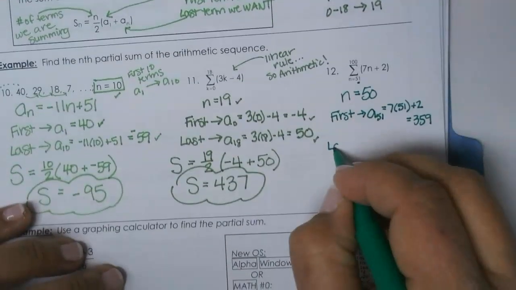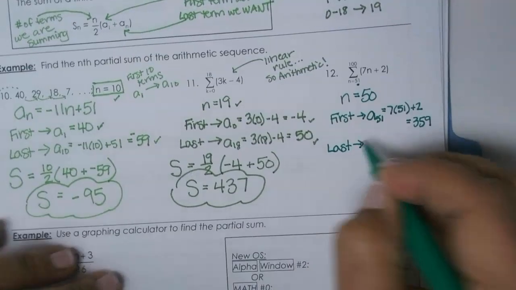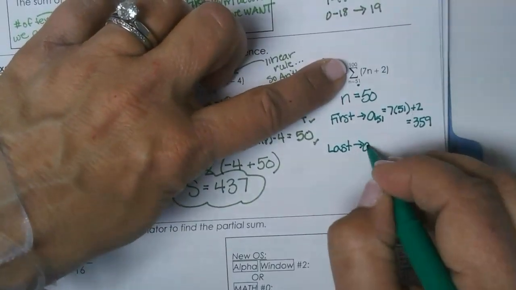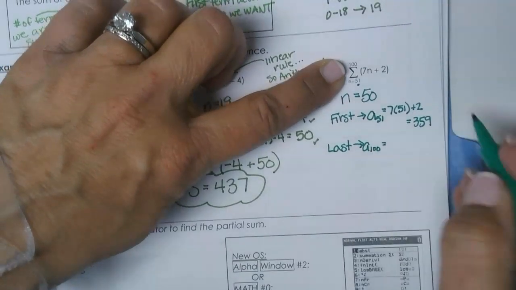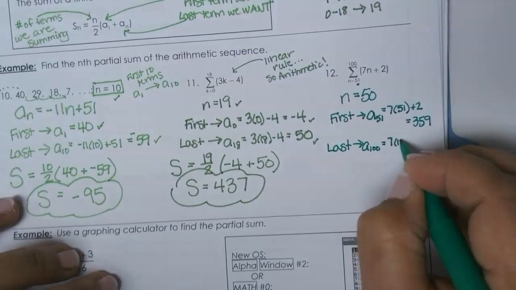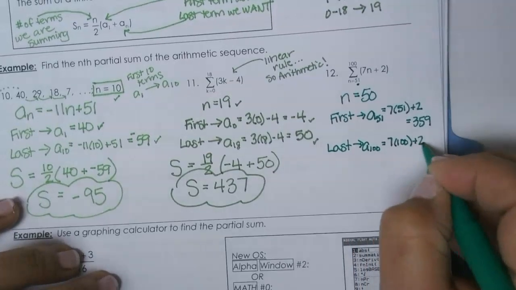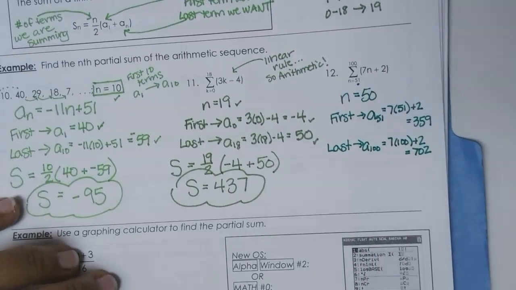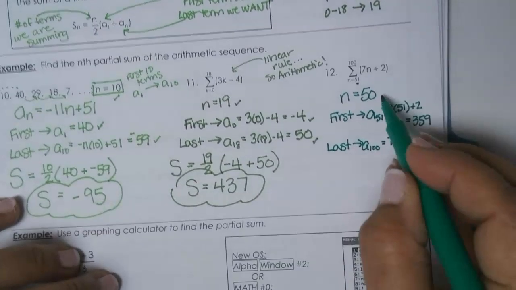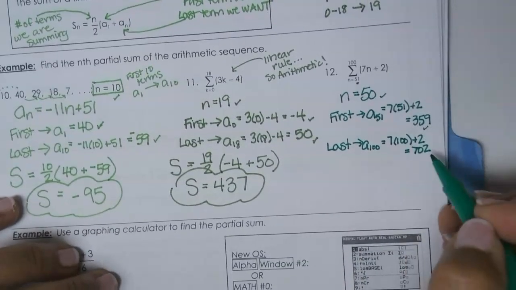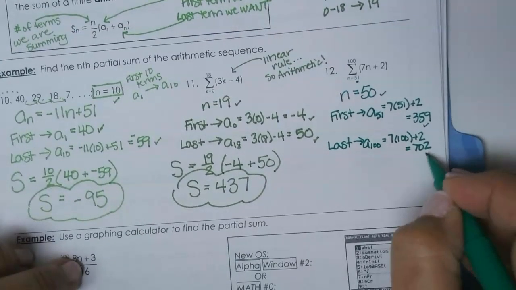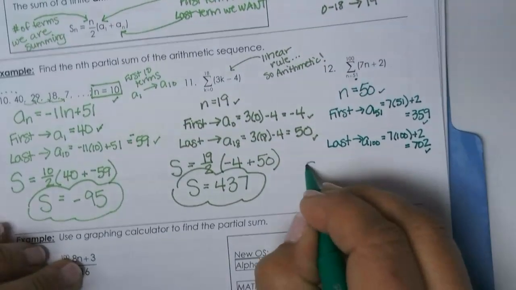Now if I find my last term, the last term I care about is this 100. So I'm going to use a sub 100, and I'll take 7 times 100 plus 2, and that gives me 702. Now that I have n, a quote, a sub 1, unquote, and a sub n, I'm going to put that into the formula.